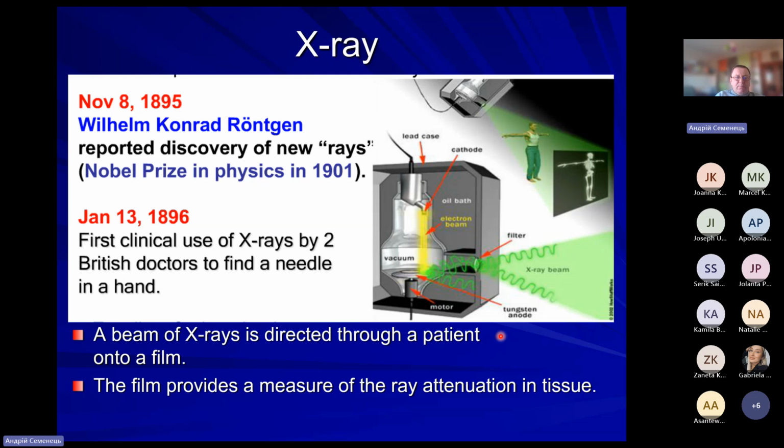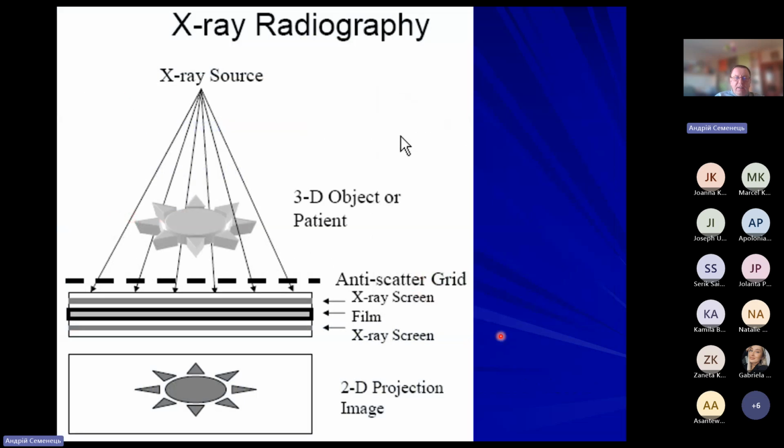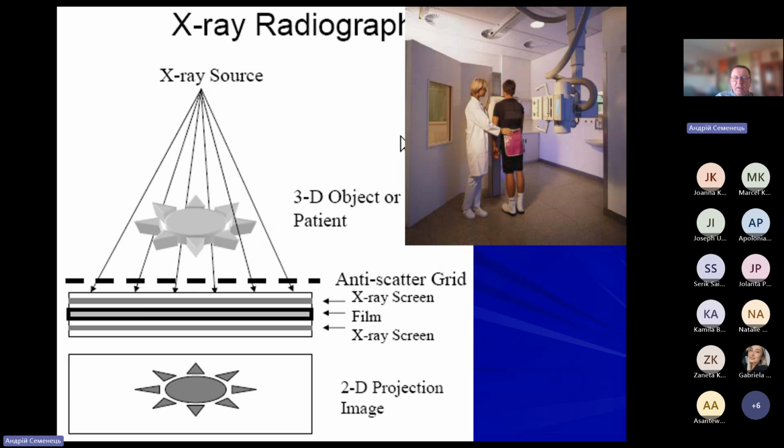So, okay, we will put him as discoverer, and he was given the Nobel Prize in Physics. Obviously, initially for decades, X-ray images were registered by using films, which are sensitive to this kind of radiation, and it was possible only to create two-dimensional images.